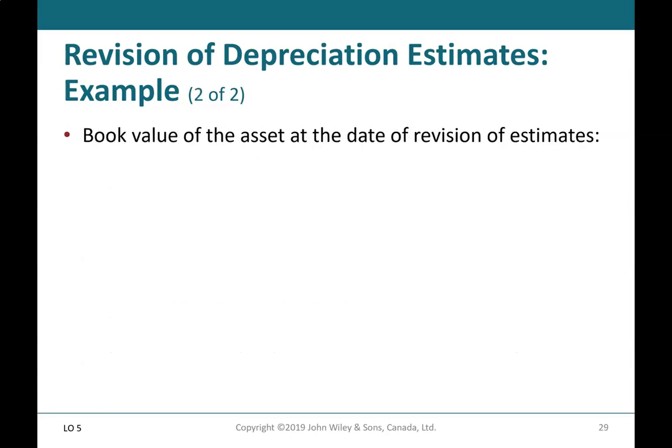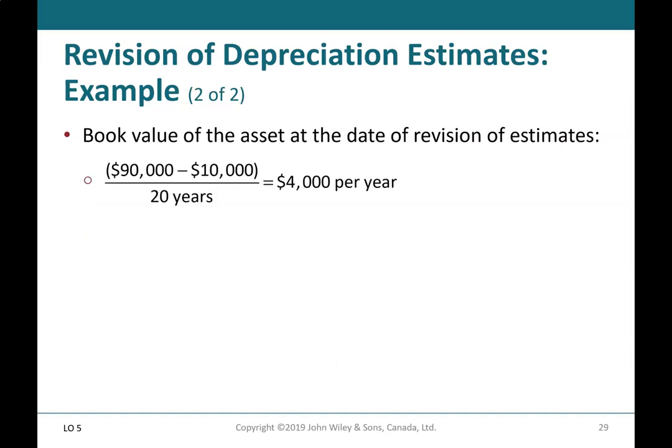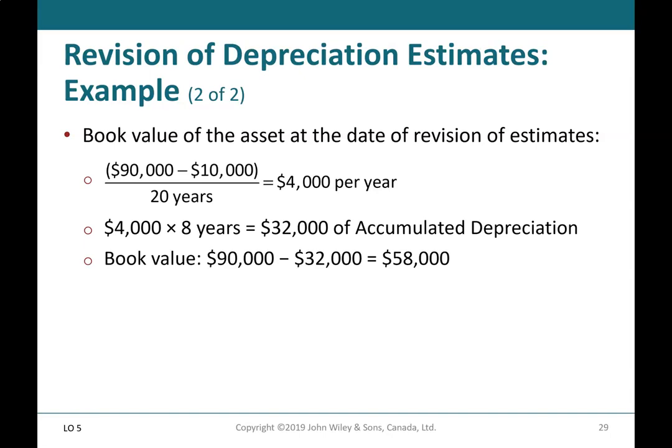Revision of depreciation estimates, example 2 of 2. Book value of the asset at the date of the revision of estimates. So you take $90,000 minus $10,000 divided by 20 years. So that's $4,000 per year, straight line amortization. $4,000 times 8 years equals $32,000 of accumulated depreciation.